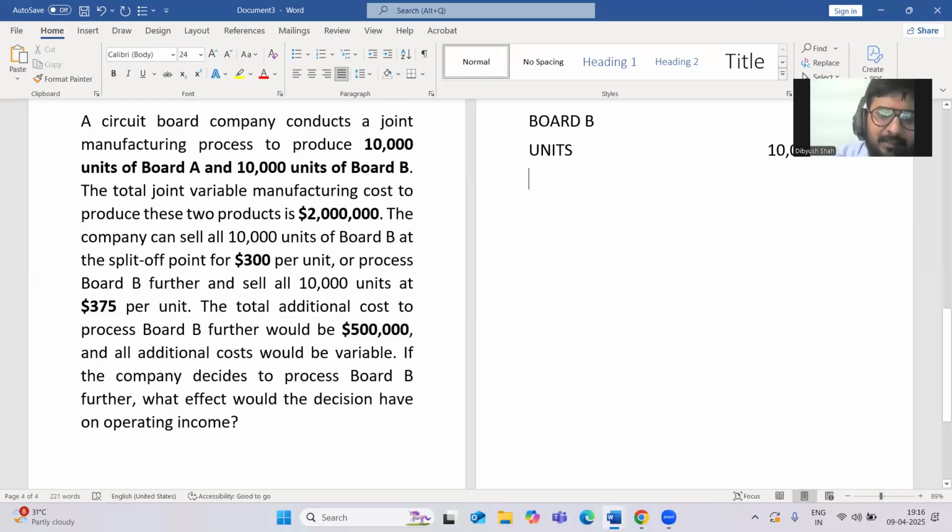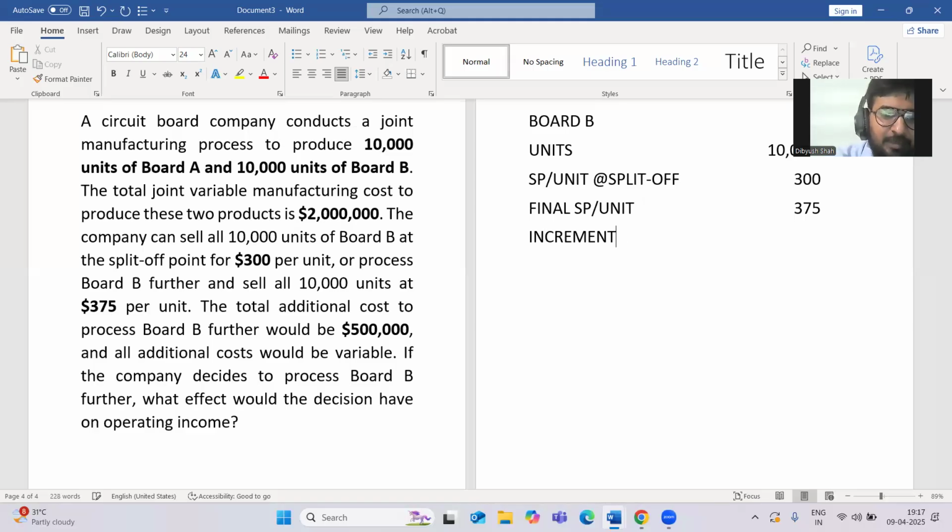So what is the selling price per unit at split off? $300. After further processing, what is the final selling price per unit? $375. So what is incremental or extra revenue per unit? 75.